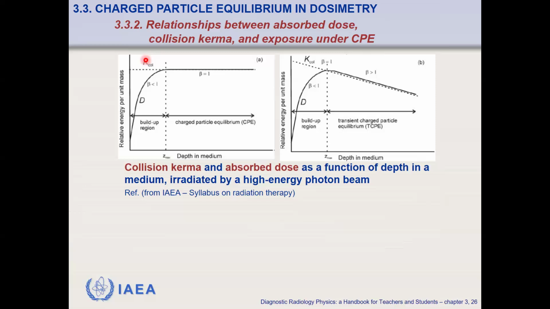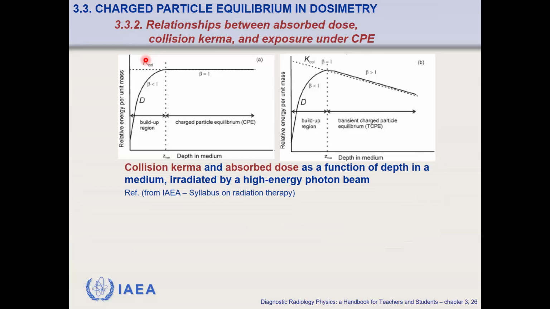As for kerma, let me remind you that kerma expresses the kinetic energy released per unit mass by uncharged ionizing radiation in a material. Whereas collision kerma is the fraction of K that is used for ionization and excitation, the fraction that contributes directly to the absorbed dose.